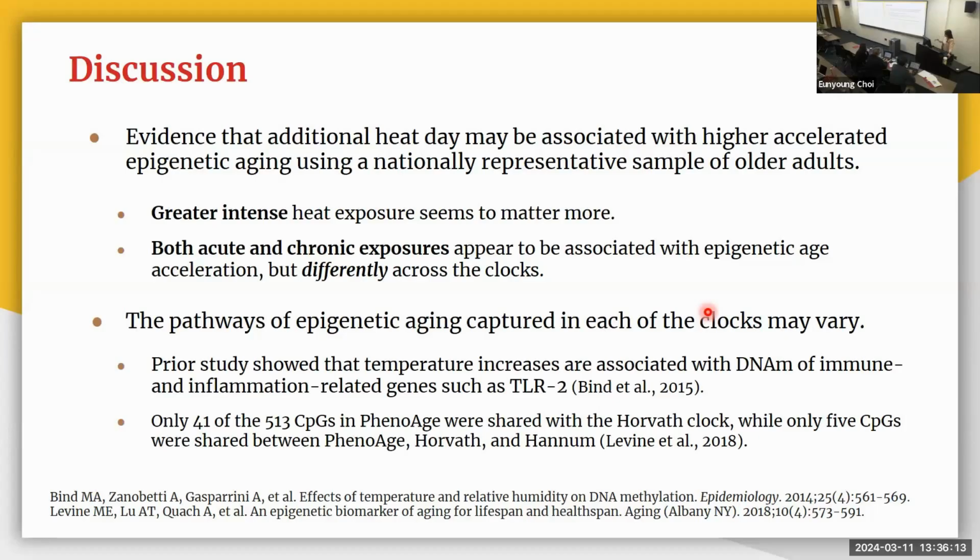At the same time, another study found that PhenoAge, Horvath age, and Hannum age share very little CpG sites in common, meaning that they are getting different CpG sites depending on what epigenetic age measure we use. So one possibility is that PhenoAge may more get into these immune or inflammation related CpG sites compared to others. But there definitely should be more research dissecting why we see the different association depending on what epigenetic measures we use.